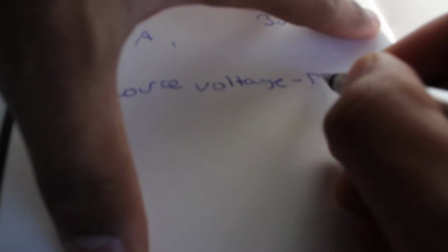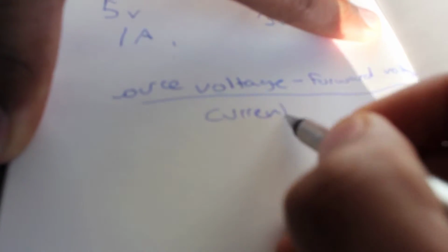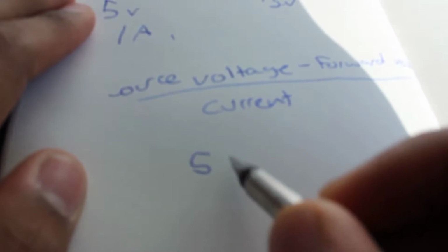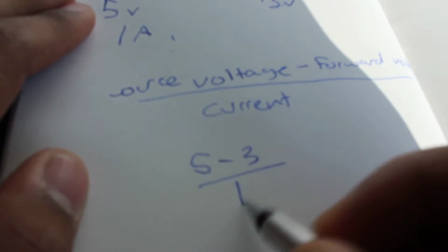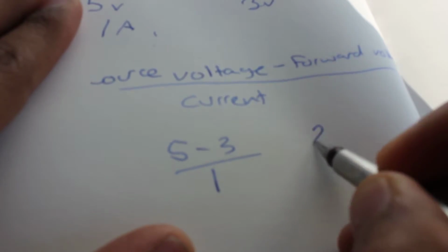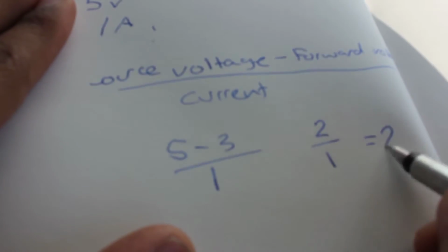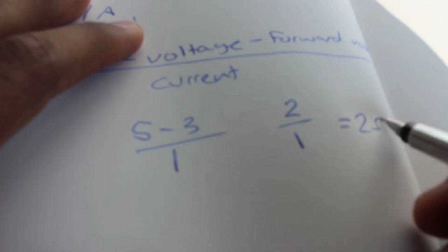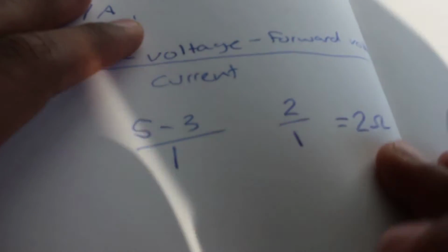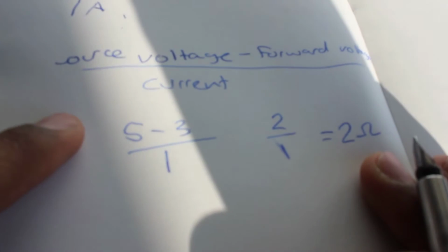An example with this would be 5 minus 3 over 1. That is 2 over 1, which equals 2. So you want a resistor of 2 ohms. That's the kind of resistance that you would require in a circuit like this.